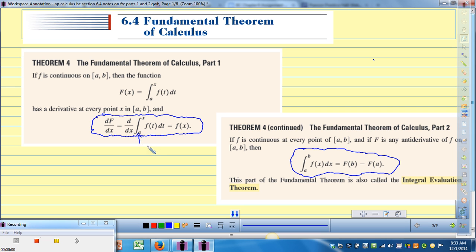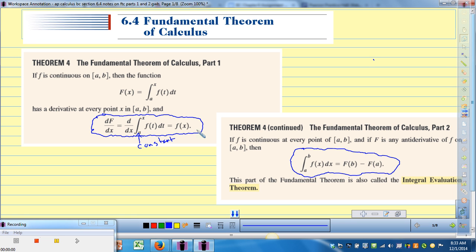Please remember that a is a constant, to x of f of t dt. And we went through this process in our last video, and it shows that the derivative undoes the definite integral, and we are left with f of x.